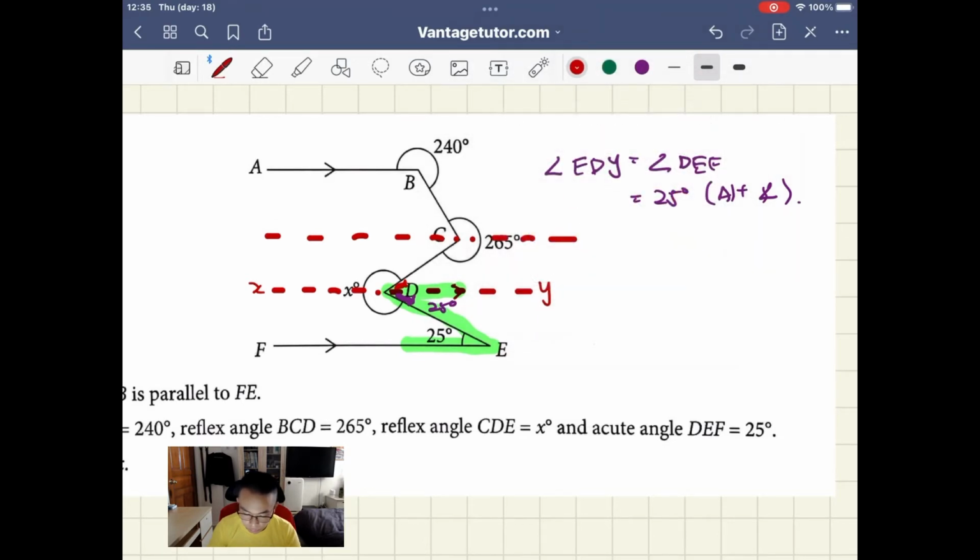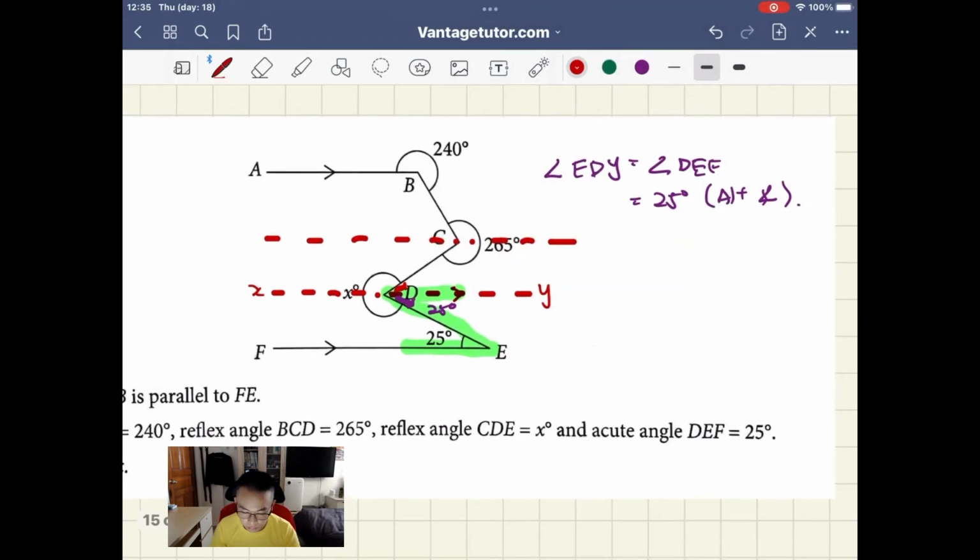Alright, so to find this angle in pink over here, most likely I have to use some form of alternate angle, where I can see that this angle over here is equal to this angle over here. Why? Because again, if I apply my primary school knowledge, I can see another Z angle.